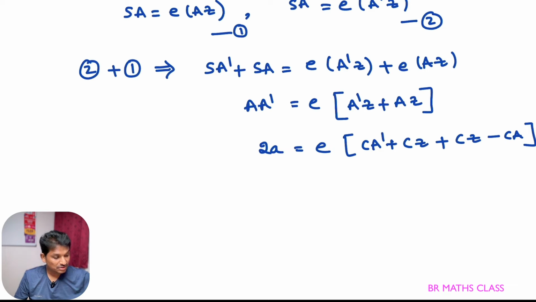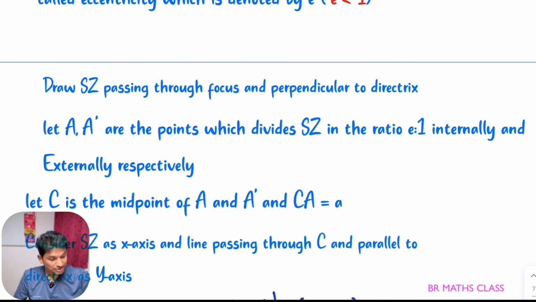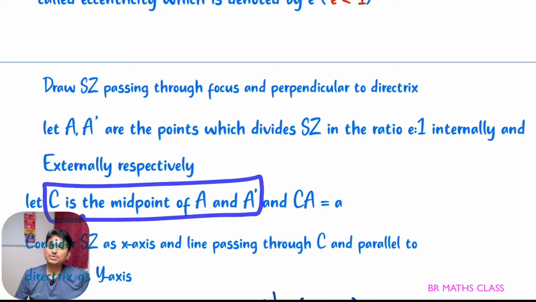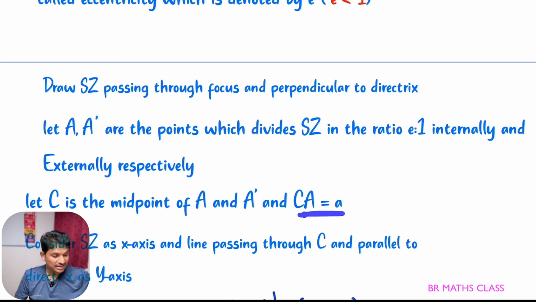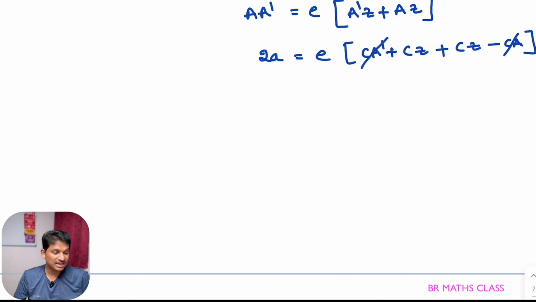Now you observe, CA' both will get cancelled. Why? Look here, we took C as the midpoint of AA', and we took CA as A. If C is the midpoint of AA', CA and CA' are the same, so they will get cancelled.